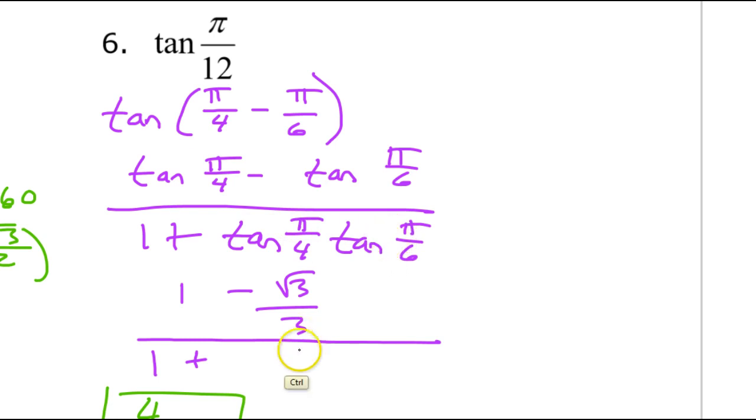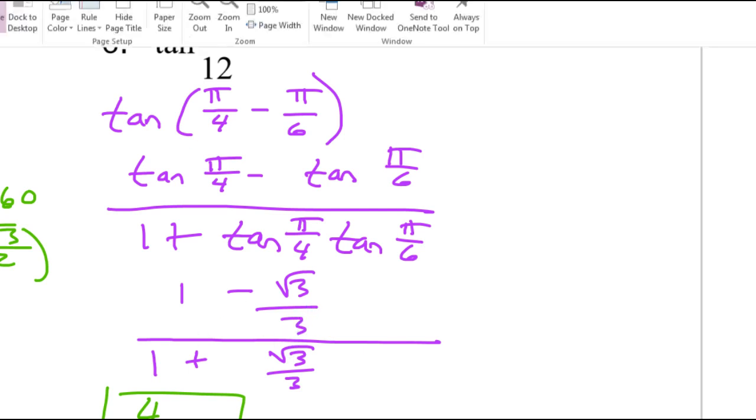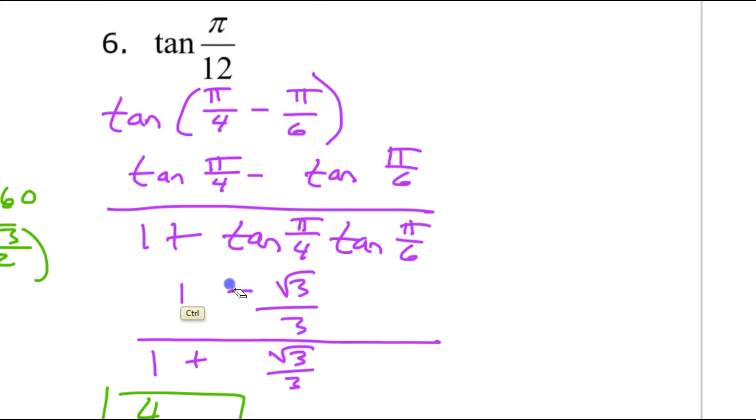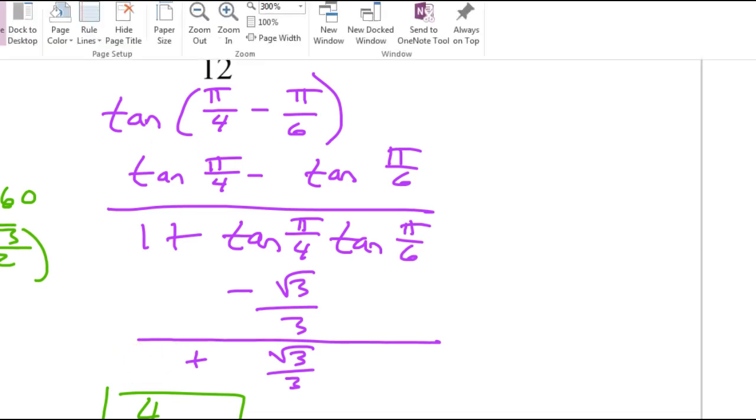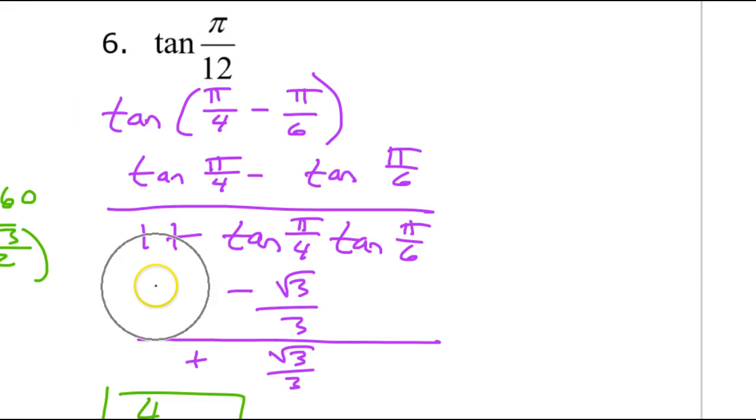Now, the tangent of pi over 6, again, was radical 3 over 3. All right, now I'm going to use the magic of the number 1 because I need to add these together. But the number 1 can be written as anything over itself except for 0. So I see I need a denominator of 3, so instead of 1, I'm going to put 3 over 3.